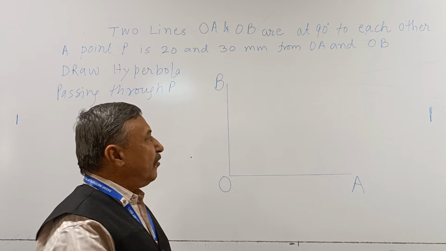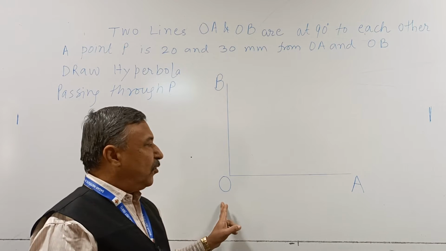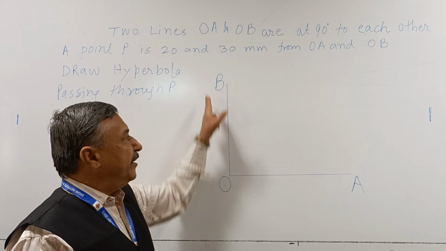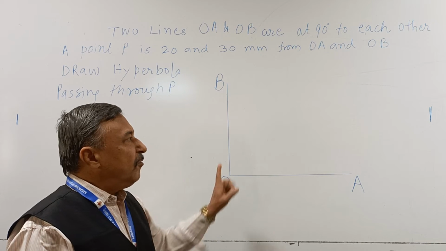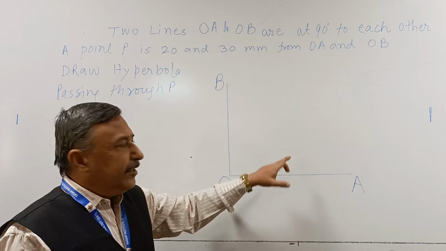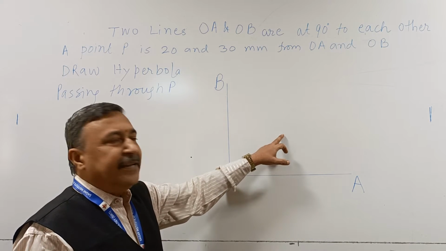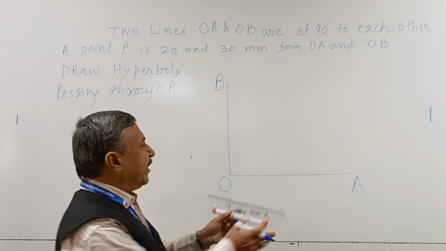Okay. So first of all, I draw these initial two lines OA and OB, which are at 90 degrees to each other. Now I am going to take a point P, 20 mm from one line and 30 mm from another line. So you know how we take a point.